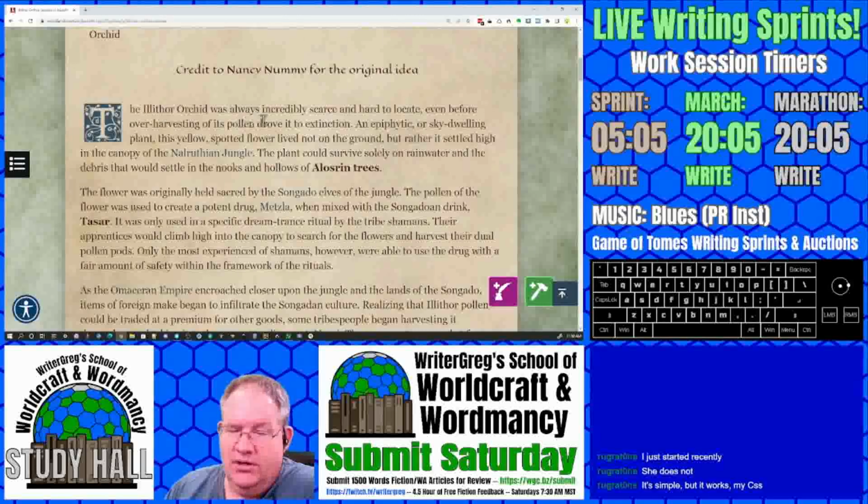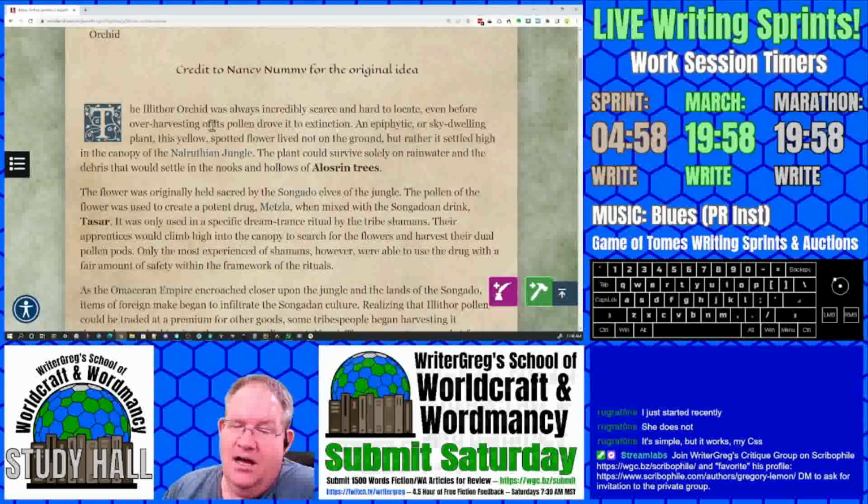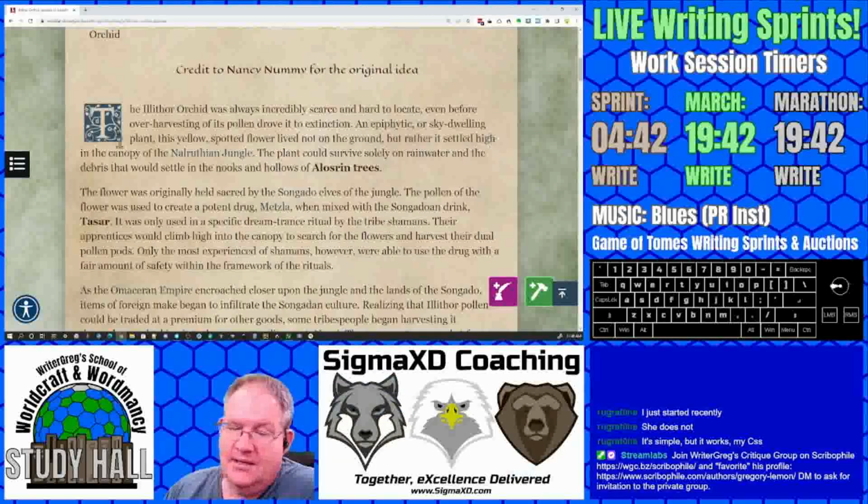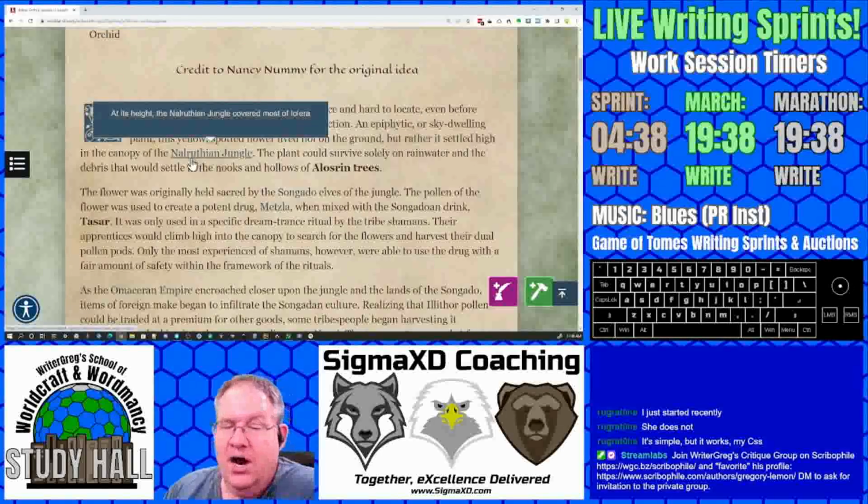The Illithor Orchid was always incredibly scarce and hard to locate, even before the overharvesting of its pollen drove it to extinction. An epiphytic or sky-dwelling plant, this yellow spotted flower lived not on the ground, but rather it settled high in the canopy of the Naruthian jungle.